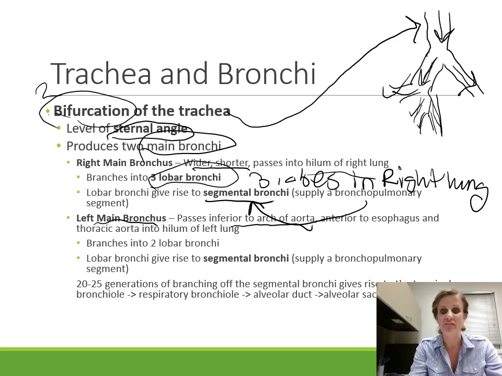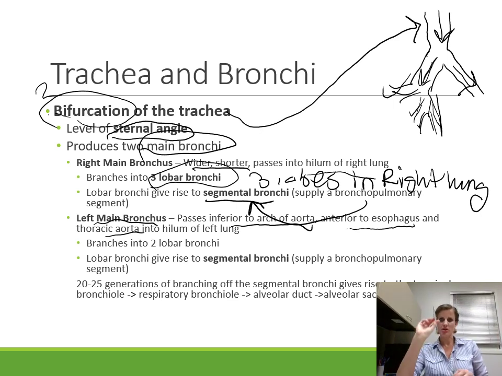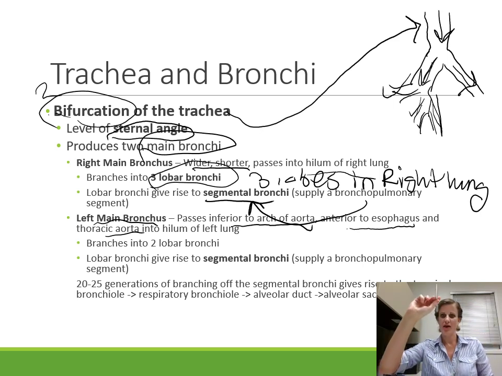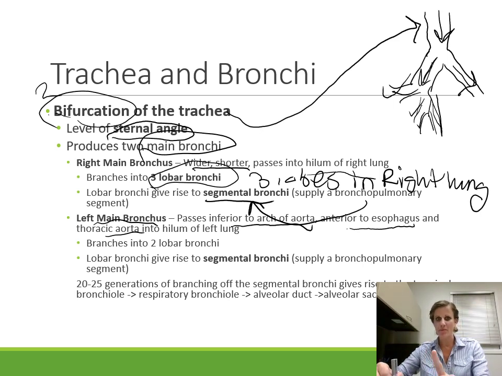It passes in front of the esophagus and the thoracic aorta. Remember, the aortic arch comes up and then towards the back, and the thoracic aorta goes down behind the heart. So the left bronchus is kind of going like this, and the aortic arch goes right above it, and then the thoracic aorta goes behind it.